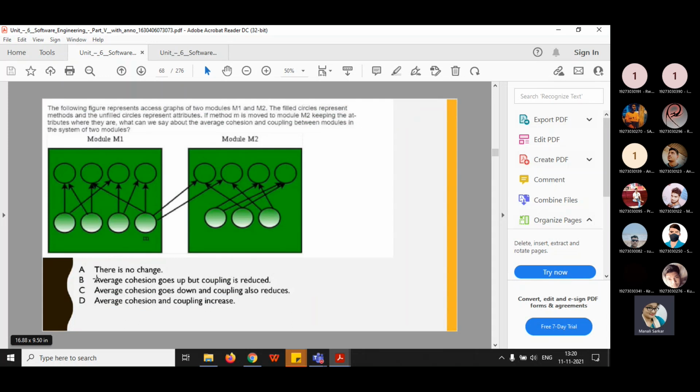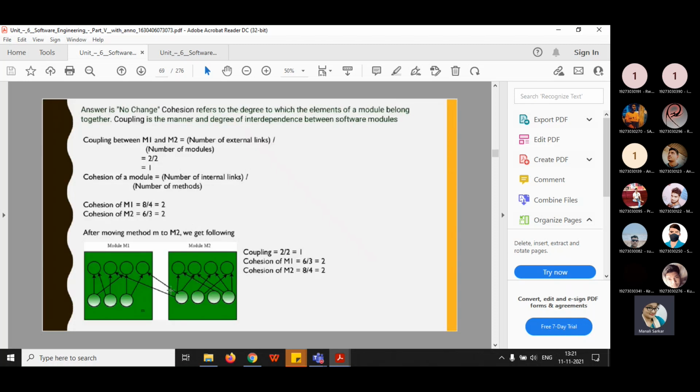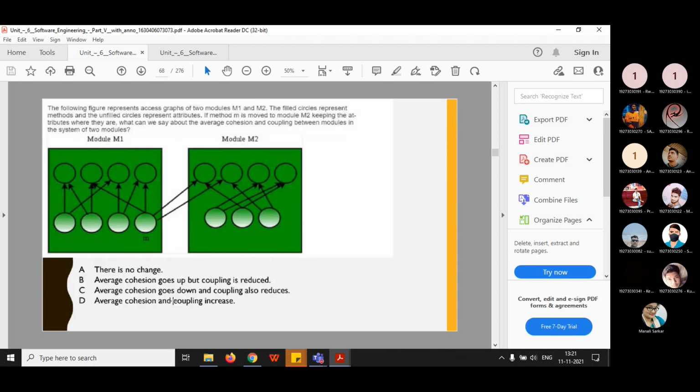In the previous diagram, M is present in module 1, and now we are moving it to module 2. In module 1, M has 4 links. M is related to this module with this arrow, and to this module with this arrow.